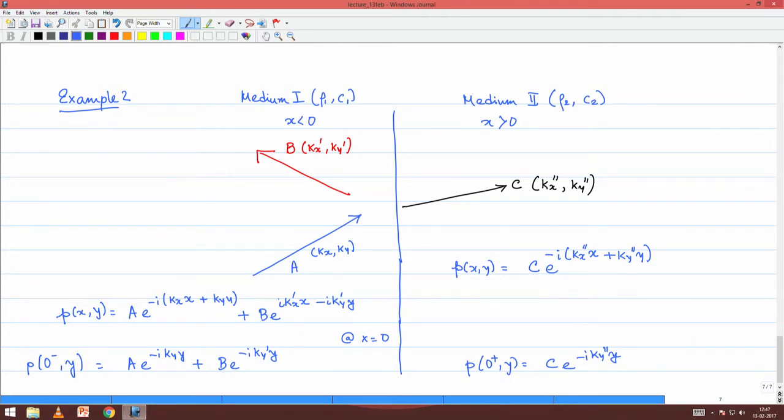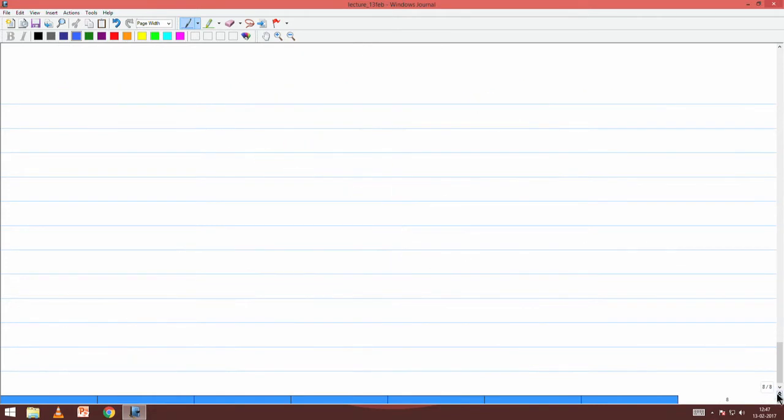Now, again the same story repeats. You must have the same pressure on the two sides of the fluid, otherwise you will have a loss of continuity. So, the pressure at the interface coming from both the two fluids should be just the same, which means k y, k y prime and k y double prime all have to be the same.